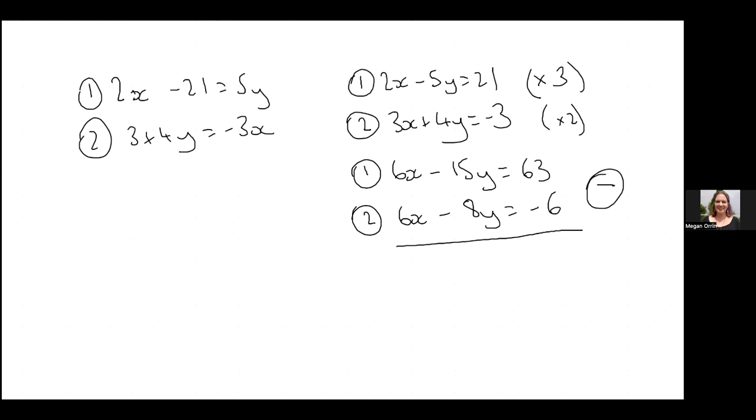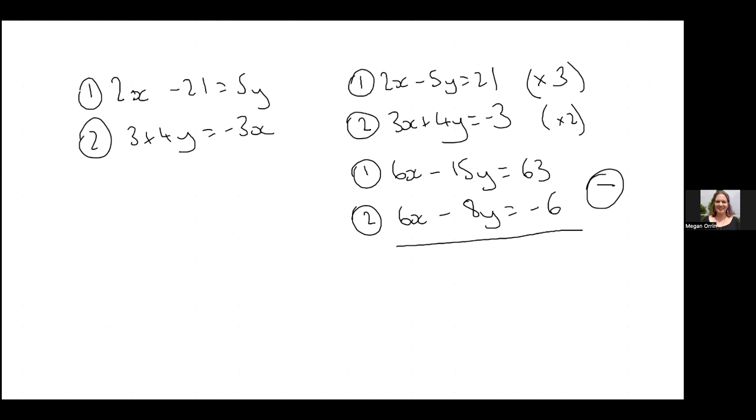Now it's really important that you watch out for your signs. Are we all paying attention to this bit? We haven't done one of these yet. I have negative 15 minus negative 8. So what does that mean? Negative 7, because I'm adding 8. I am minusing negative 8.